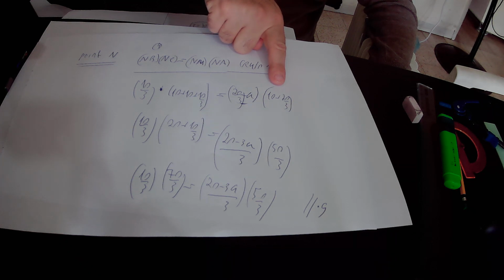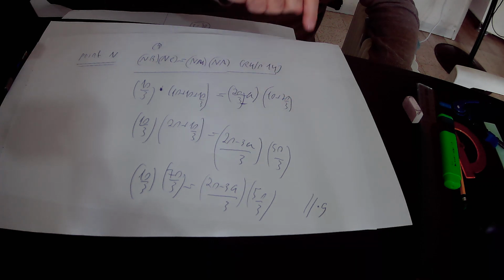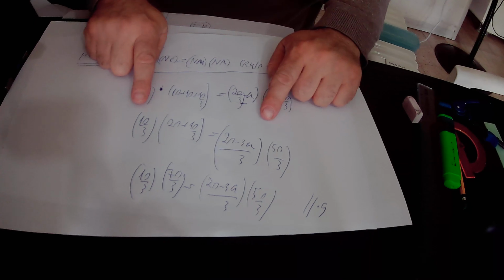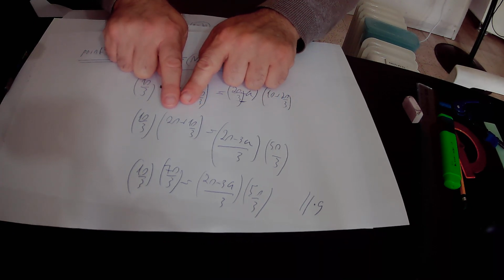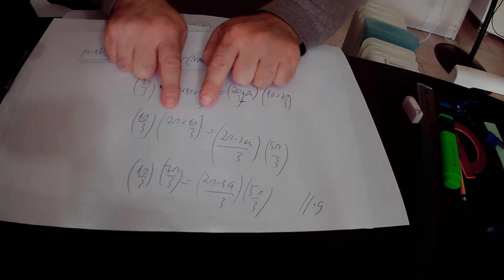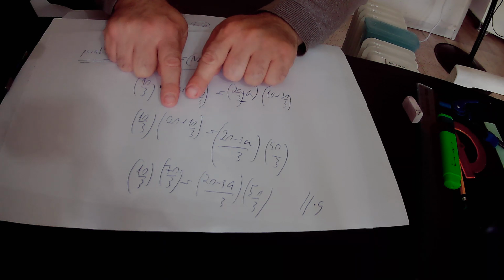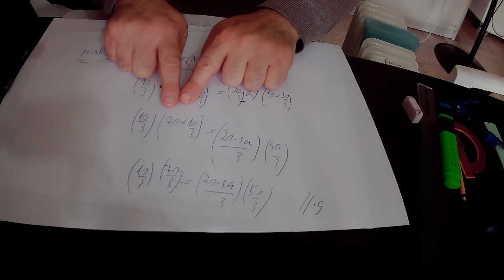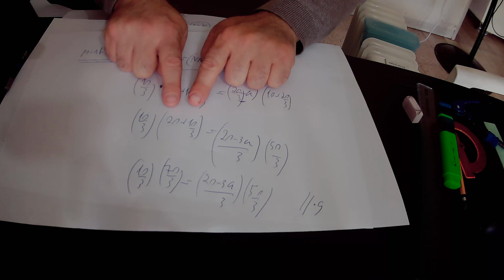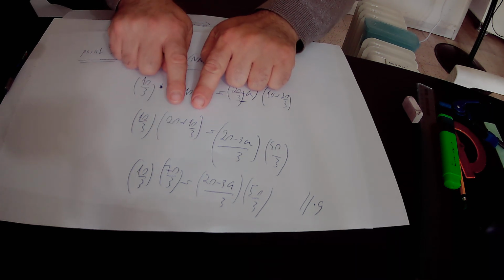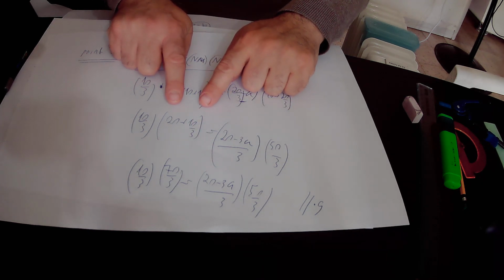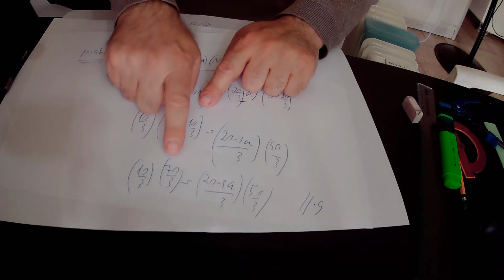So this expression in total will be equal to 50 over 3. And here we multiply 20 by 3, and then we divide by 3 in order to have a common factor with 10 over 3. So 20 times 3 is 60, so 60 plus 10 is 70, so in the numerator we have 70, in the denominator we have 3. So this expression in total equals 70 over 3.